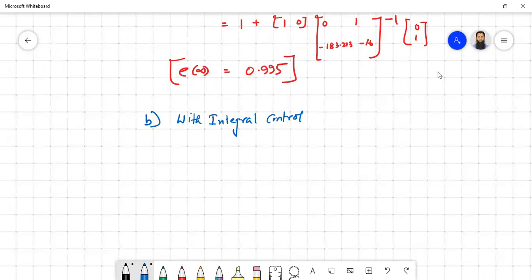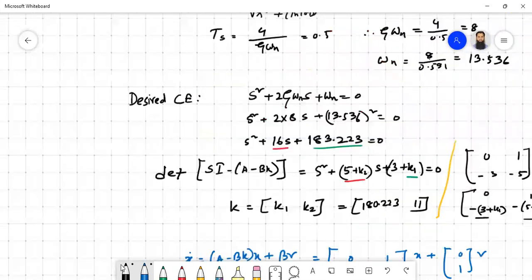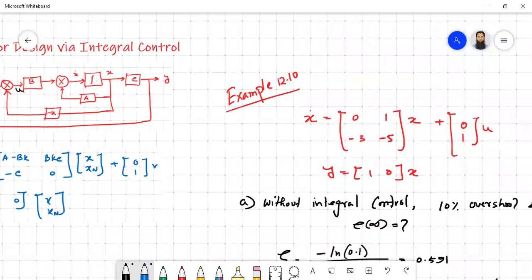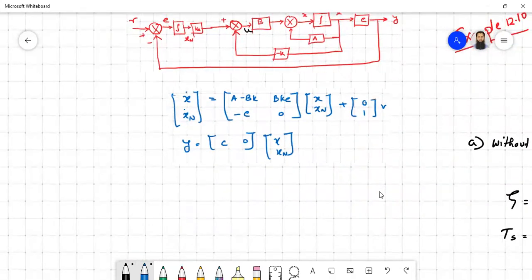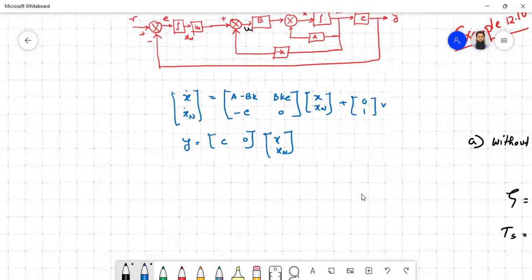So now the new system will be based on this equation. So we can also start from here. So our x dot is equal to this formula. So in our case, what is x? What are our A and B matrices?